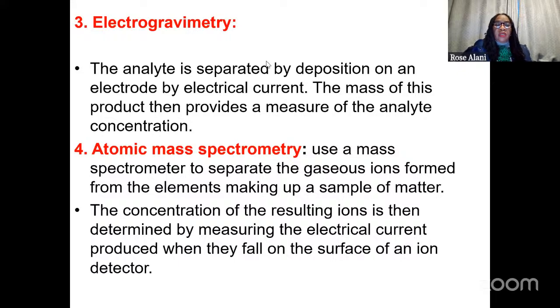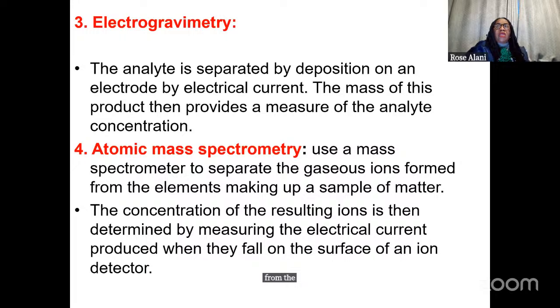So, the concentration of the resulting ions is then determined by measuring the electrical current that is produced when these ions fall on the surface of an ion detector. First, you separate the gaseous ions that are formed from the elements.